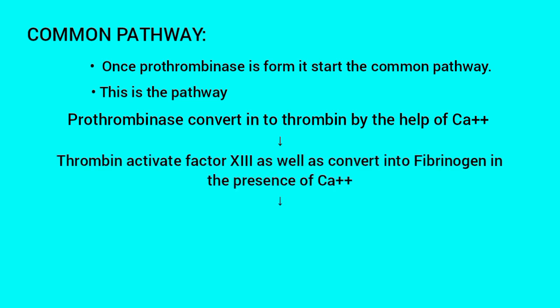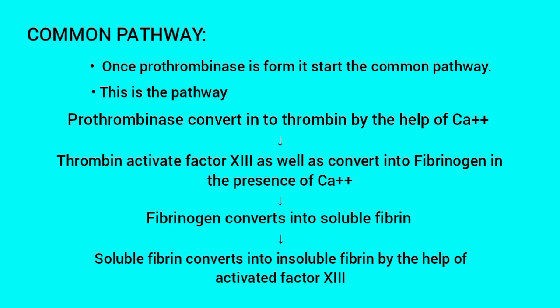Thrombin activates factor 13 as well as converts fibrinogen into fibrin in the presence of Ca++. Fibrinogen converts into soluble fibrin. Soluble fibrin converts into insoluble fibrin with the help of activated factor 13. This is the process of coagulation.